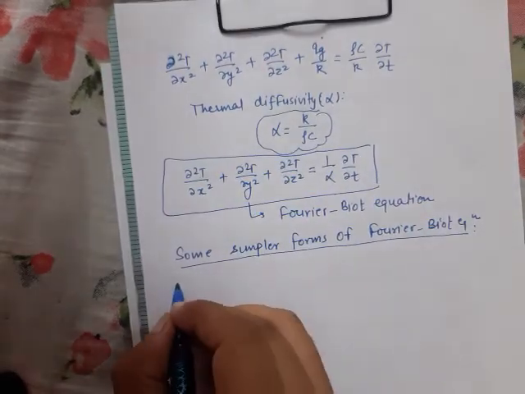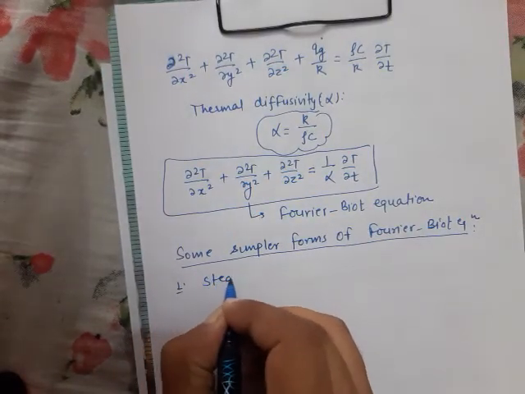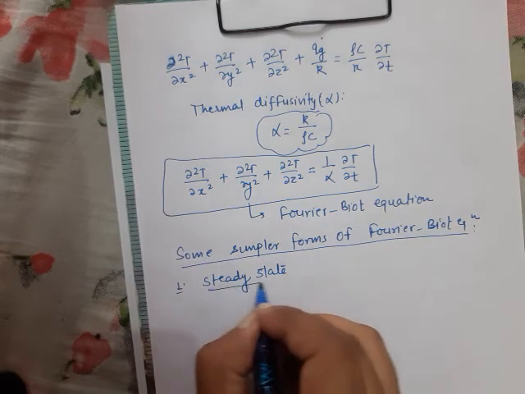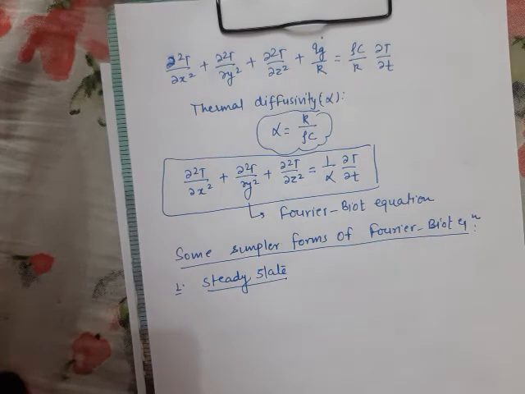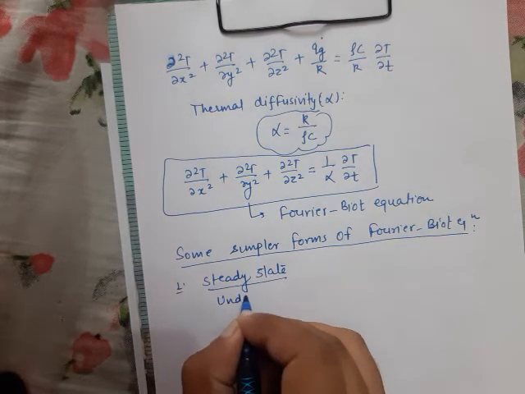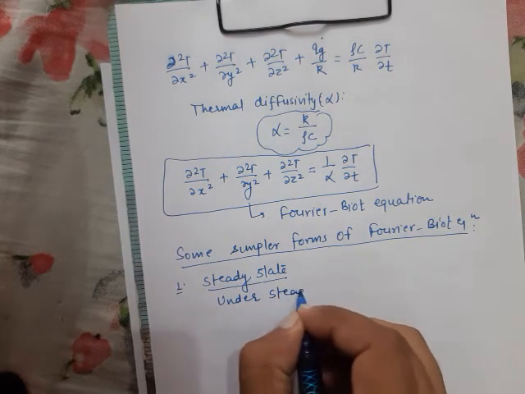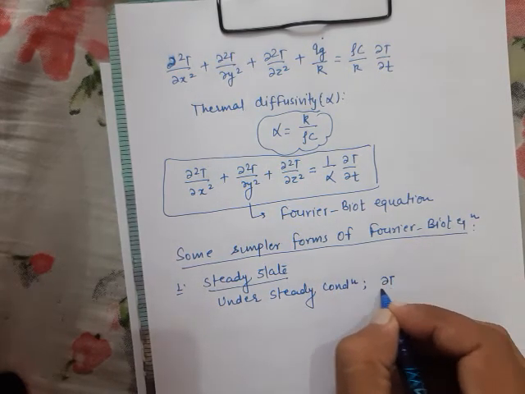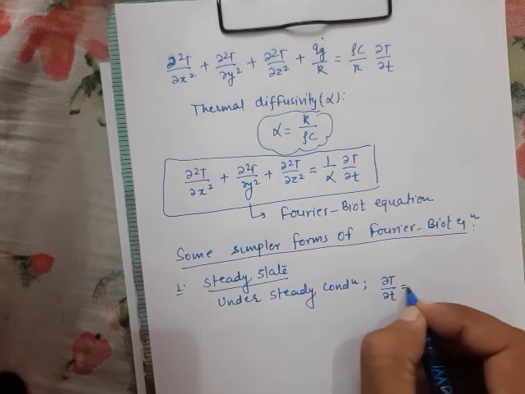First condition, let the steady state be there. For steady conditions, we all know that the variation with respect to time would be 0.